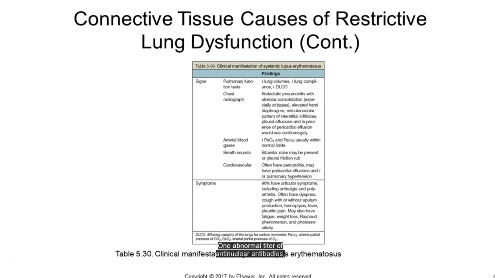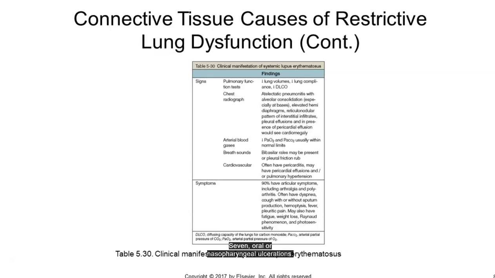1. Abnormal titer of anti-nuclear antibodies, ANA. 2. Butterfly or malar rash. 3. Discoid rash. 4. Hemolytic anemia, leukopenia, or thrombocytopenia. 5. Neurologic disorders such as seizures. 6. Non-erosive arthritis of 2 or more peripheral joints characterized by tenderness, swelling, or effusion. 7.